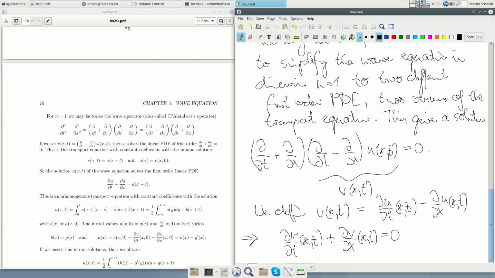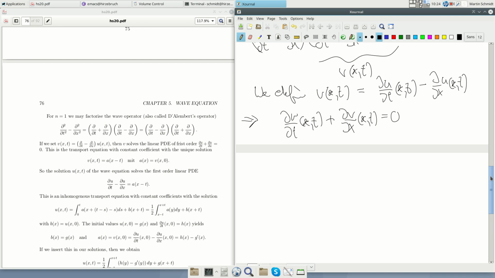But then we know that this initial value problem we have solved. We denote the corresponding initial value a of x, so this is v of x0.